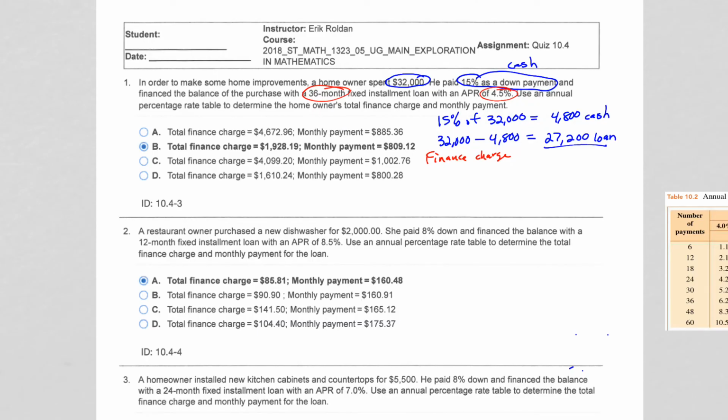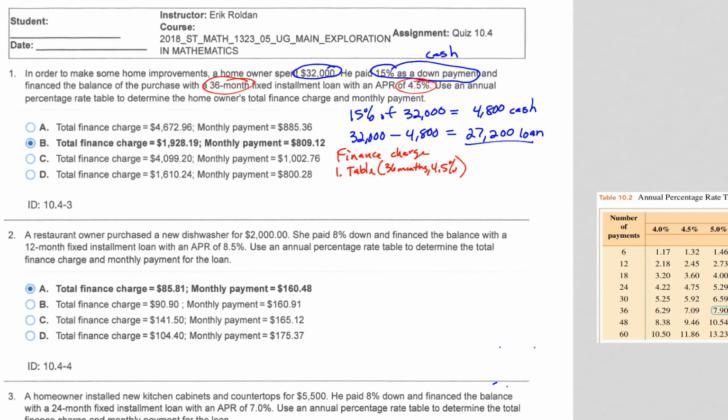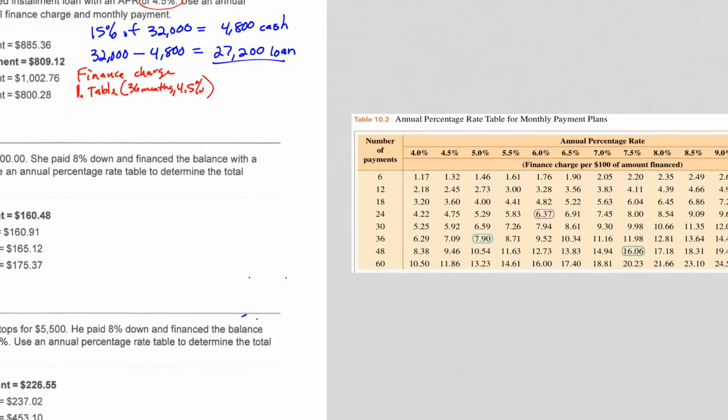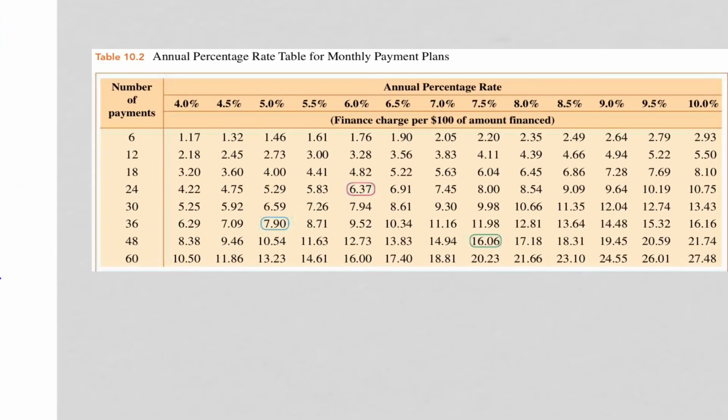So step 1 in this process is to go to the table and basically look at 36 months and 4.5%. Okay. So we go 36 and 4.5%.